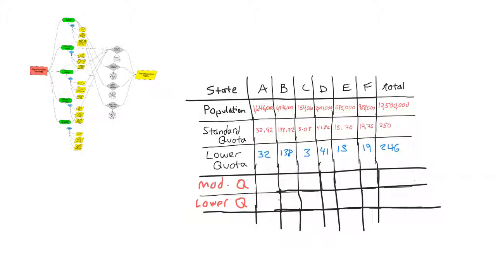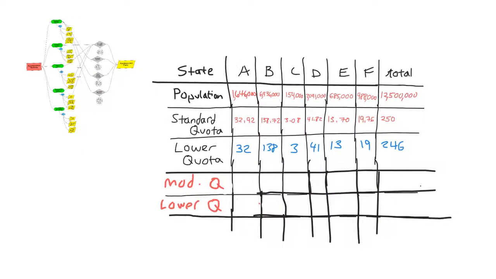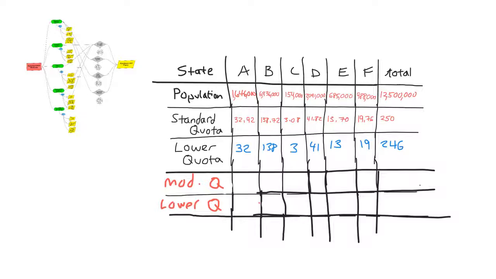Let's remind ourselves of what was the problem that the earlier method, Hamilton's method, was attempting to address. The problem was that we had 250 seats, and unfortunately, when we figure out the standard quota for each of the states' populations, you end up with these decimals.